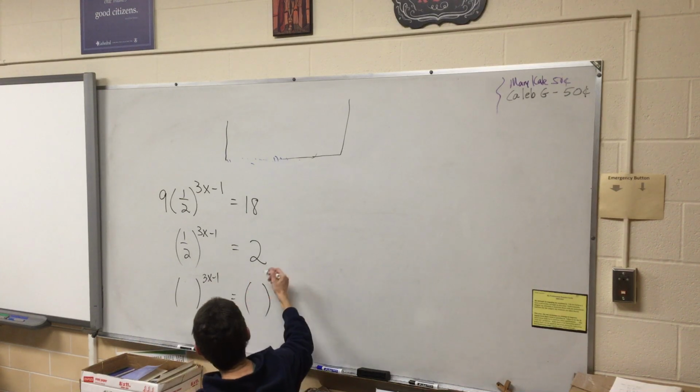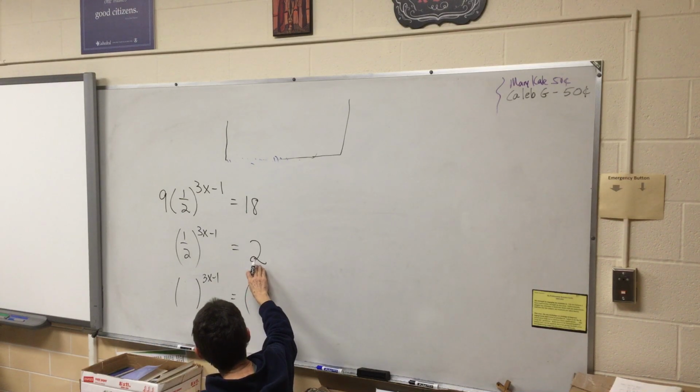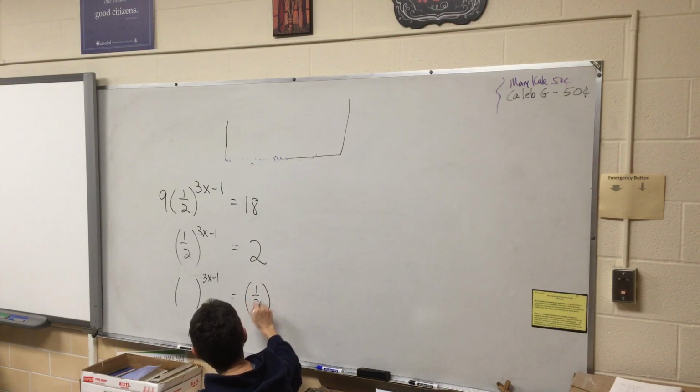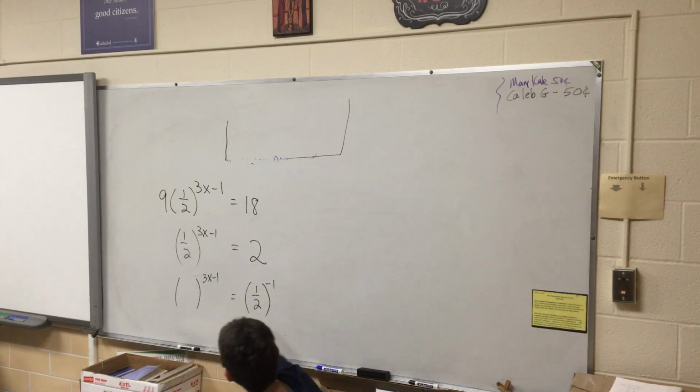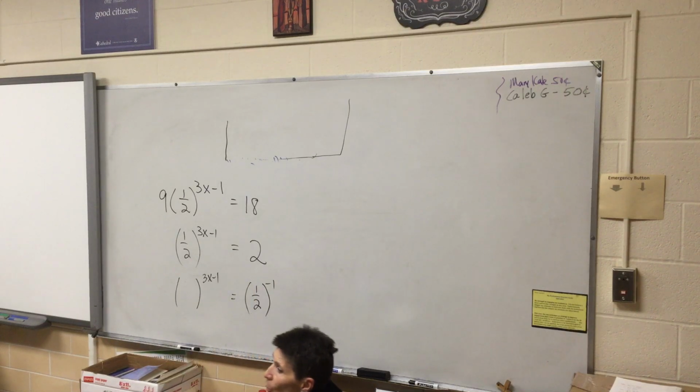Look, what happens if I take 1/2 and raise it to the negative first? What is 1/2 to the negative first power? What do you do when you have a negative exponent?